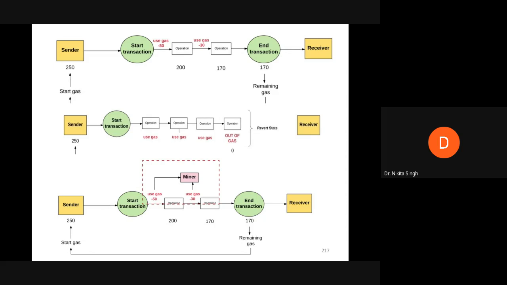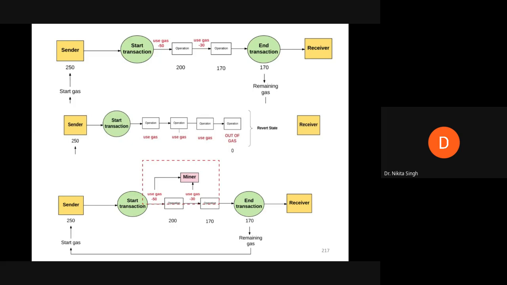For example, if the gas limit is 50,000 units and the gas price is 20 GY, it means that the sender is ready to spend 0.001 Ether for the execution. The higher the gas price the sender is willing to pay, the more important the transaction is in the Ethereum network, because the miner will get a higher reward. And after a transaction is completed, all unused gas is returned to the sender's account.